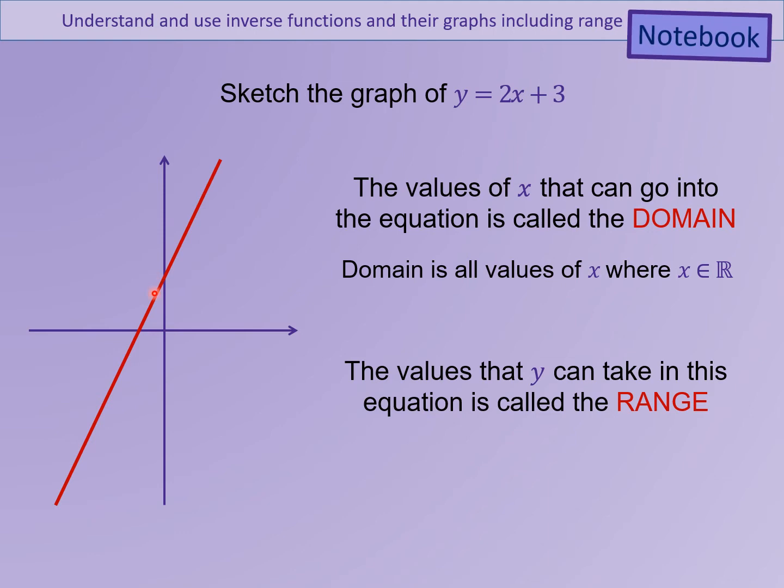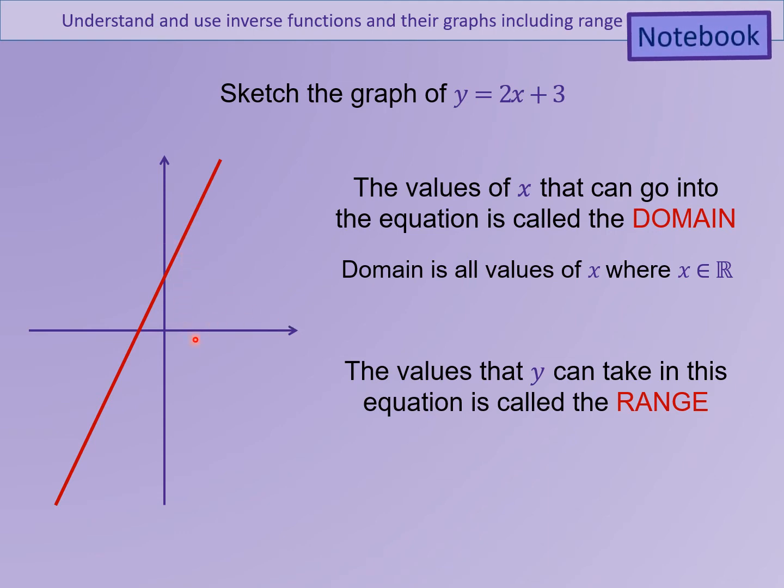Okay, so the range are the y values and the domain is the x values. The domain is like the home, that's where you start from, and you get a range of answers out when you put something into it. Now, exactly the same as the domain, every single value has a possibility of coming out. For example, if I put the number 1 in, I'm definitely going to get the number 5 out.